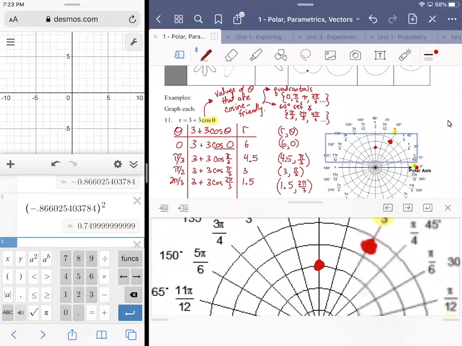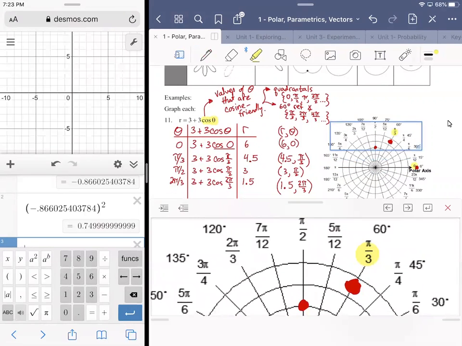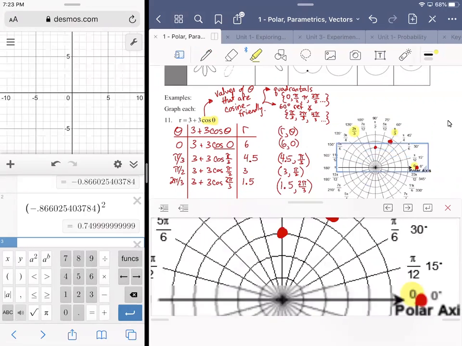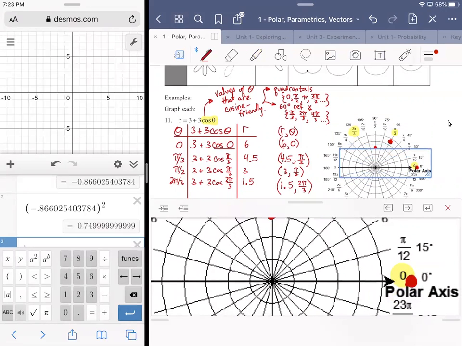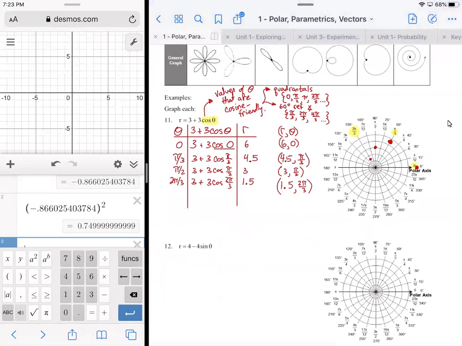And also, because I took the time to select clean values for cosine, and there is a part where you have to have enough sense to know what's a clean value and what isn't. But because I had enough foresight to choose clean values, what I'm looking at are clean results for R. So even if you know your unit circle, you just don't want to do the mental gymnastics to come up with these answers.